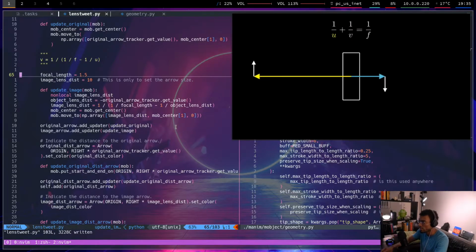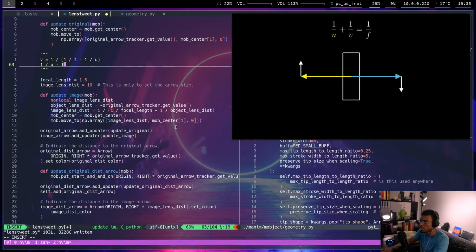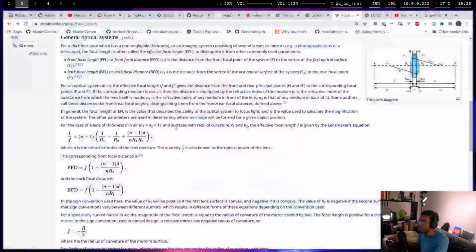Now this focal length, I have to write out another equation. 1 divided by u plus 1 divided by v equals 1 over f, but 1 over f is equal to this thing.